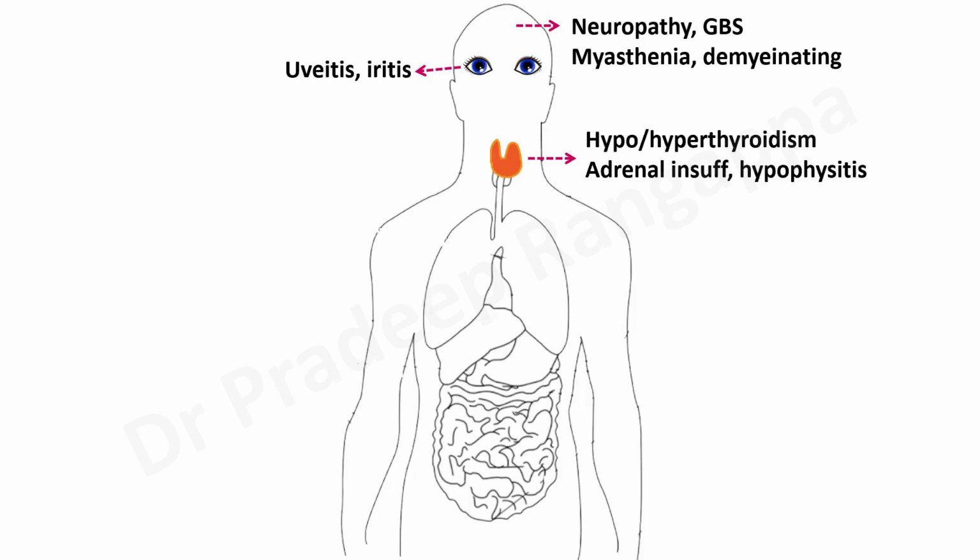In endocrine, they can cause hypothyroidism, hyperthyroidism, adrenal insufficiency, hypophysitis, and they can inflame any of the organs in the body. So this is something I want every intensive care trainee to appreciate. All this immunotherapy comes with a set of side effects which can affect any organ in the body. And in that, if it affects the lung, it can be dreadful because it can cause ILD. Per se, they can cause ILD, they can cause pneumonitis, they can cause hepatitis, and they can cause myocarditis and cardiomyopathy.